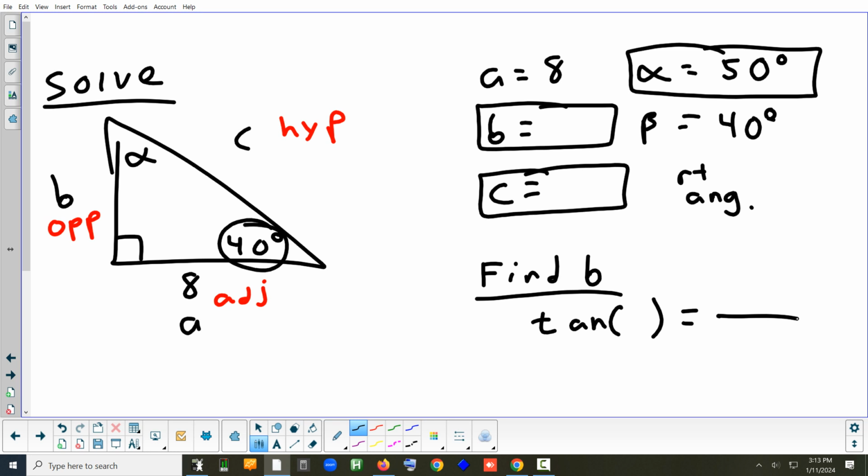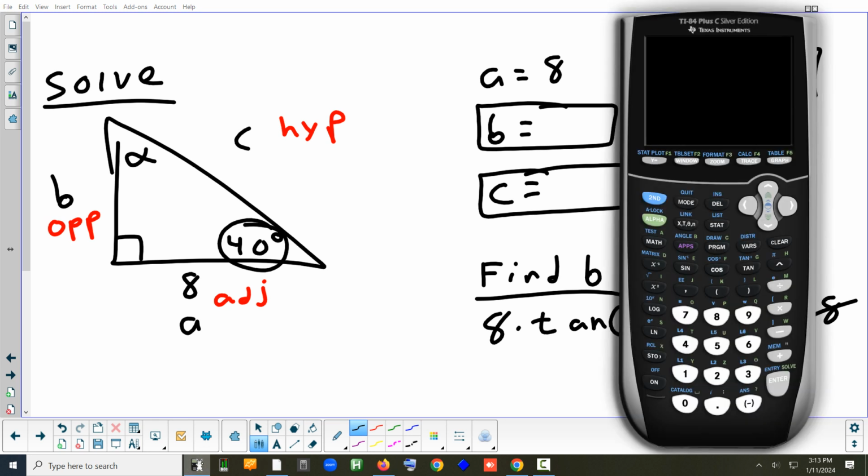Tangent of my 40 angle, 40 degrees. And then what's going to go on the other side? B over 8. Yep. And to get B by itself, what do we do on both sides? Multiply by 8. Perfect. Times 8. And on the test it'll tell you how many places to round to.